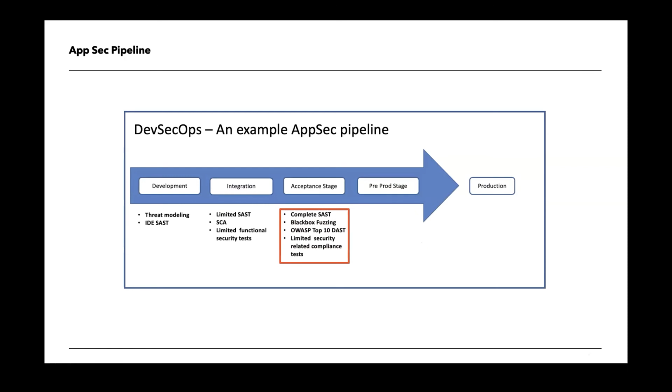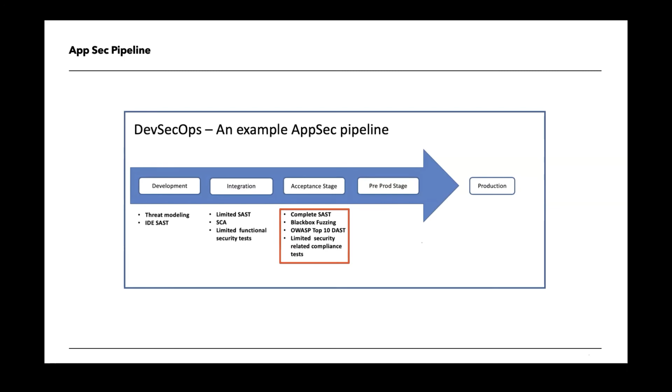Okay, then we go to the acceptance stage. In this phase of the pipeline, a comprehensive SAST check is now conducted with the entire security policies. In addition, black box fuzzing is used to detect security vulnerabilities that could become a problem for the application.